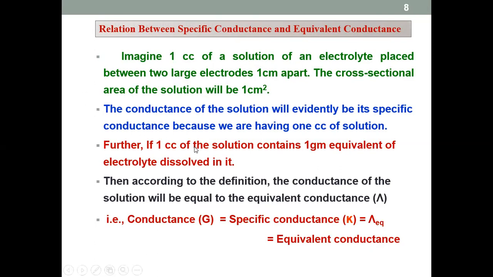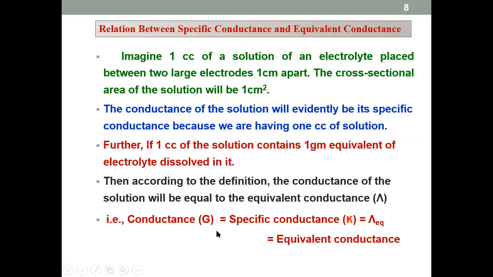Now let's say in this 1 cubic centimeter of the solution, we have 1 gram equivalent of the substance, our electrolyte. Since it involves conductance of 1 gram equivalent, it will become lambda eq, equivalent conductance. And because it is coming from 1 cc, it is also specific conductance.